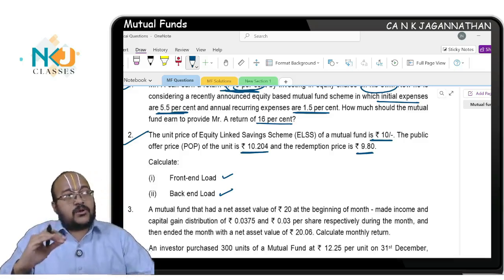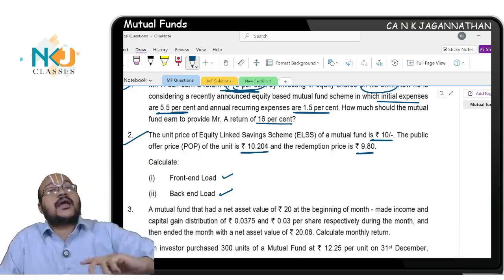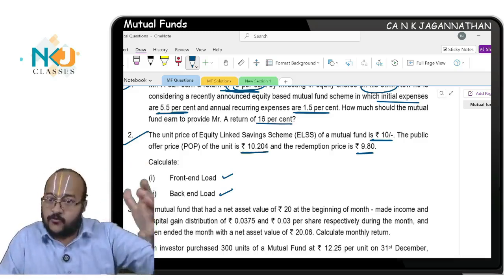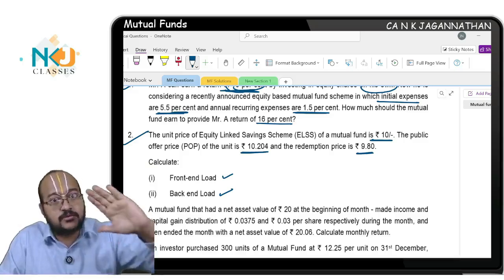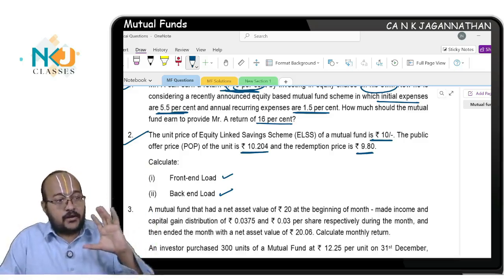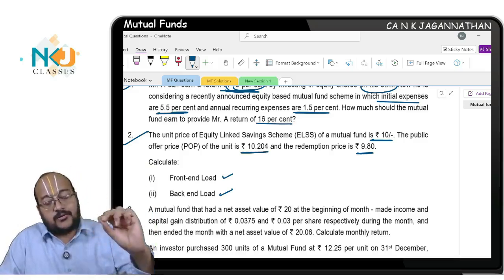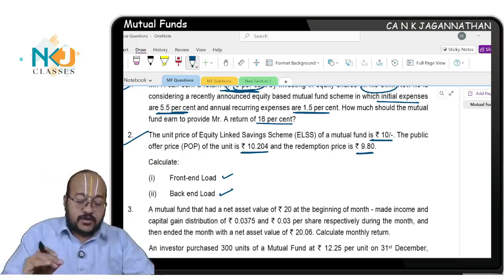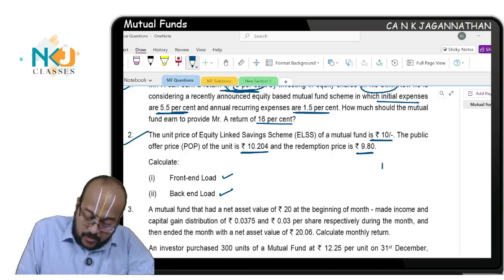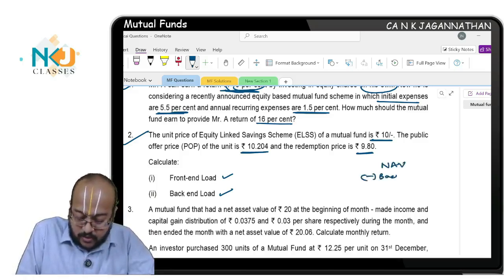NAV will be there, and the front end load will be added to the NAV while you purchase the units. As an investor purchases units, he will have to pay it. While redeeming the units, the investor will be getting the NAV less the back end load. Are you all understanding?